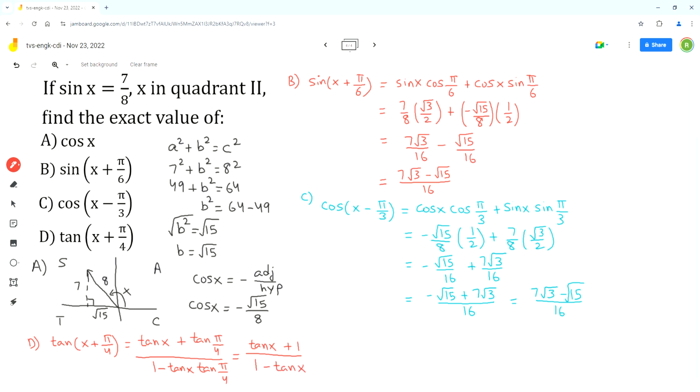Tan x times 1 in the denominator will be equal to just tan x. Next, we should find the value of tan x. Tan is negative in quadrant 2. The formula for tan is opposite over adjacent. We can use this value for tan x.